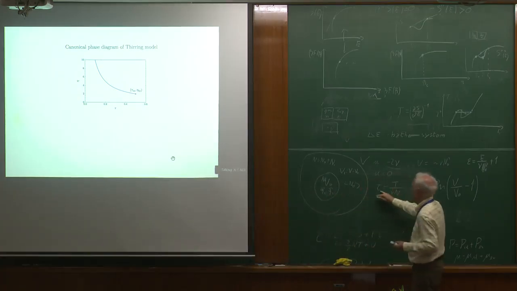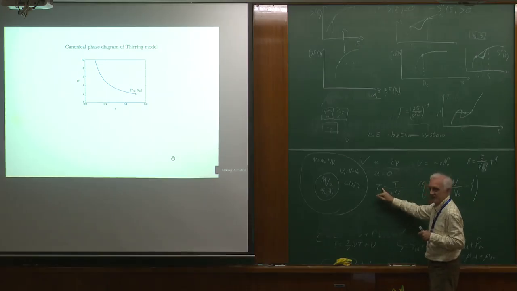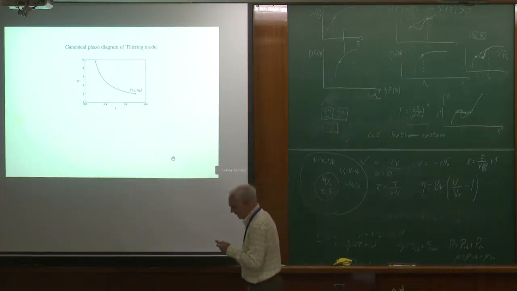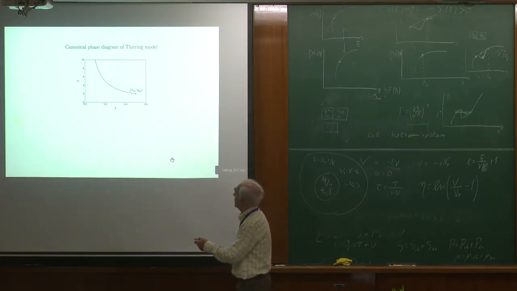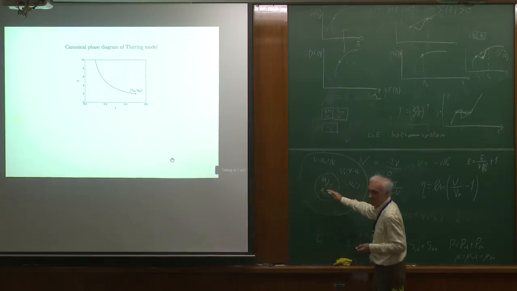You see already that this is no more really intensive, because this is for the n, but energy is for the m square. Now you have a first order transition when you cross this line, with a critical point at the end. I mean, the nature of the transition is the same.